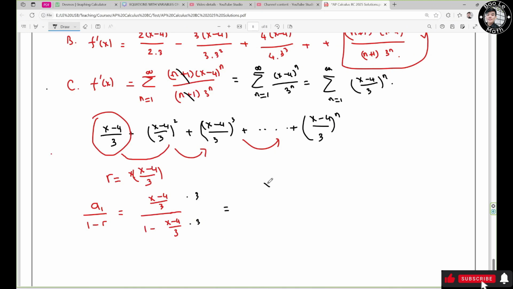So it's going to be s minus 4 over 3 minus s plus 4, because I distribute. So it's going to be (s minus 4) over (7 minus s). And this is f prime of s.